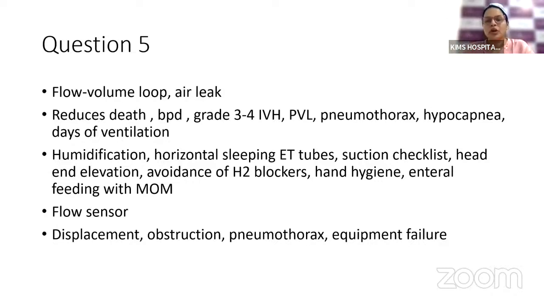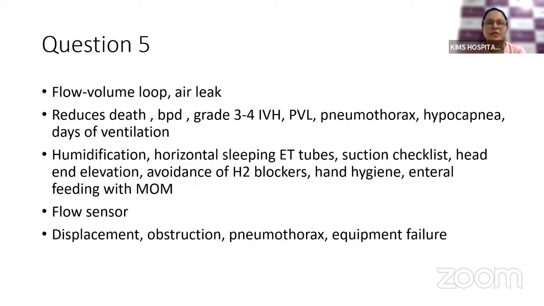Some important other precautions also include the avoidance of certain drugs, particularly H2 blockers like ranitidine, which can alkalinize the gastric pH and can increase the risk of colonization of the baby's lungs. And encouraging the use of enteral feeding as early as possible, as soon as the baby is clinically stable, and using breast milk as much as possible.